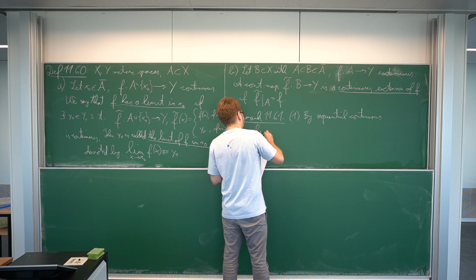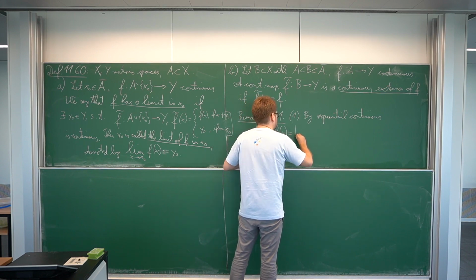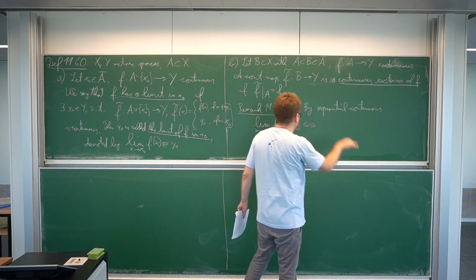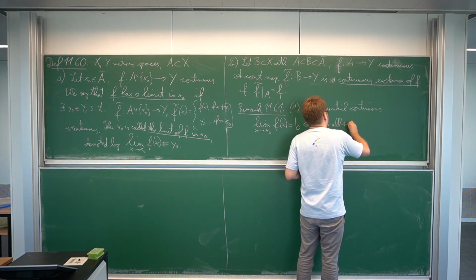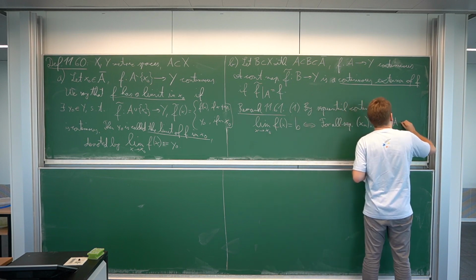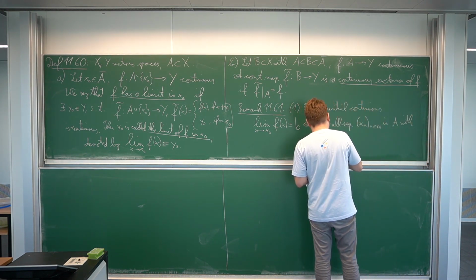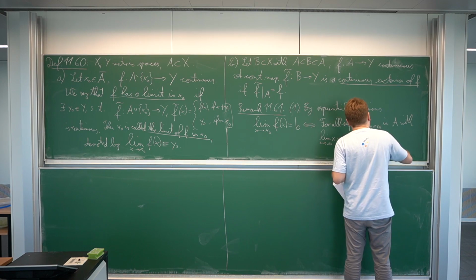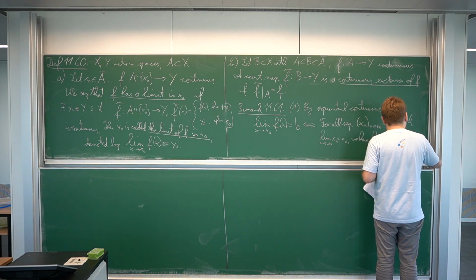We know that the limit as x goes to x0 of f of x is a value b if and only if, for all sequences xn in A which converge to this point, so with the limit as n to infinity of xn equals x0, we have that the limit of the values of f also converges. So this is b.